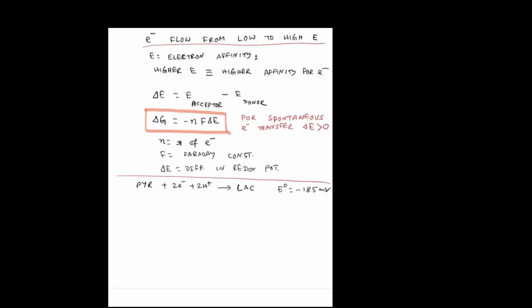Then it is always coupled with the NAD pair. So NAD+ plus 2 electrons plus H+ going to NADH, right? We already read this above. This is the same as H minus, right? So here, this is going to be negative 320.